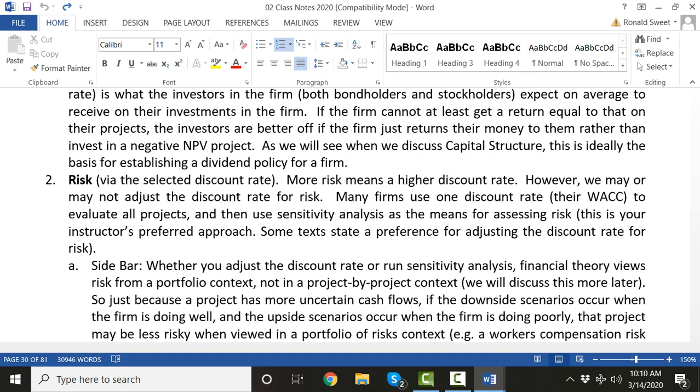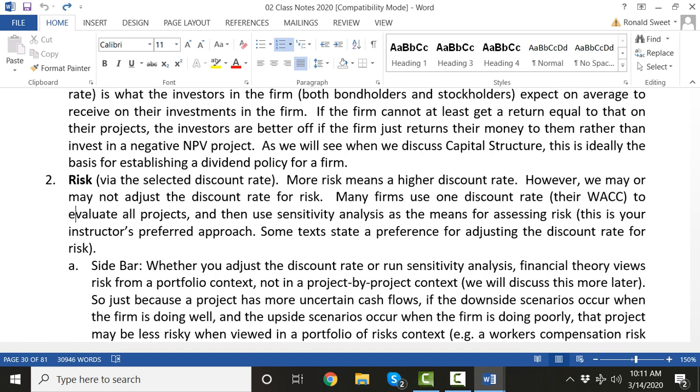For most projects, I know where I worked, all projects simply use the firm's weighted average cost of capital, which we'll talk about later in the class. It's very difficult to have every project come up with its own specific discount rate. It's just very subjective and it's very clumsy, and project managers could try to argue for a lower discount rate so their project's more likely to be approved.